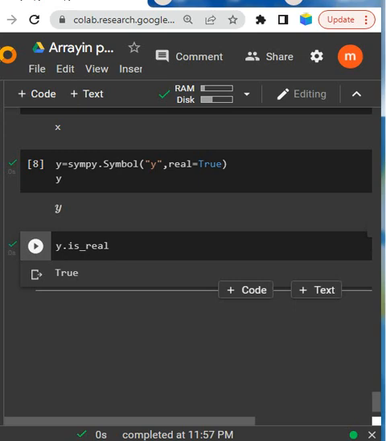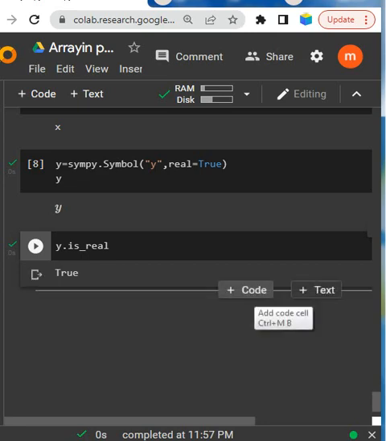Similarly, x.is_real is not known. The is_real attribute works the same way for other assumptions.